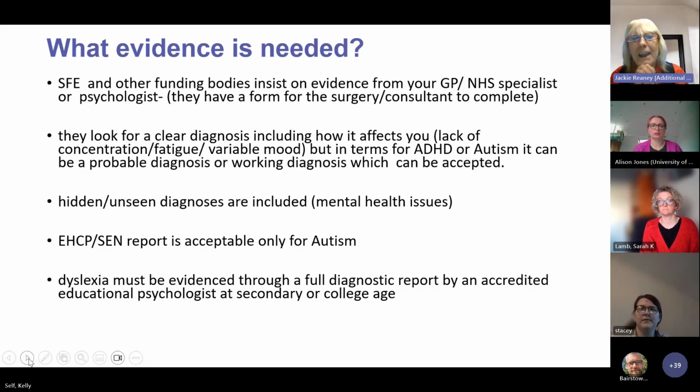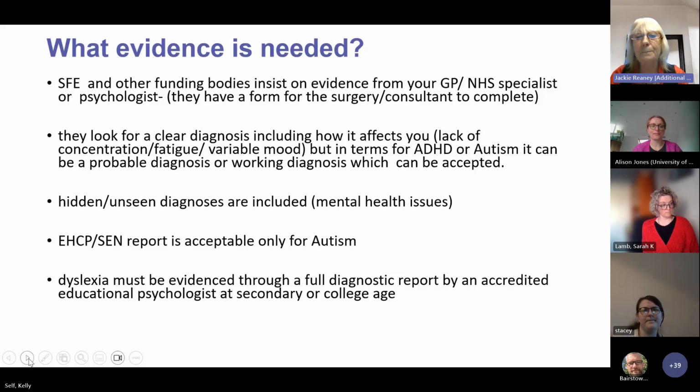So if your EHCP states Lisa has autism and is also dyslexic and has a bad back, then Student Finance England, I'm afraid, will write back to us and say, we accept Lisa's diagnosis of autism, but we need additional evidence from alternative professionals about the bad back and the anxiety or whatever the other disability might be, the dyslexia. Dyslexia has to be evidenced by a full diagnostic report.